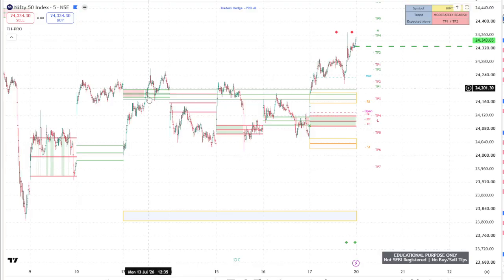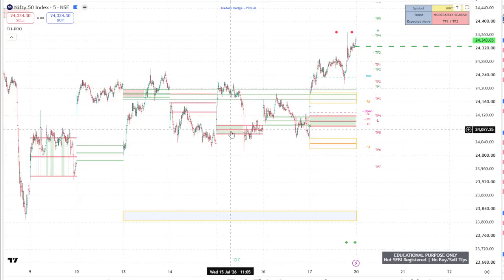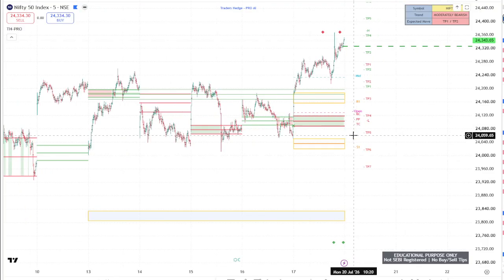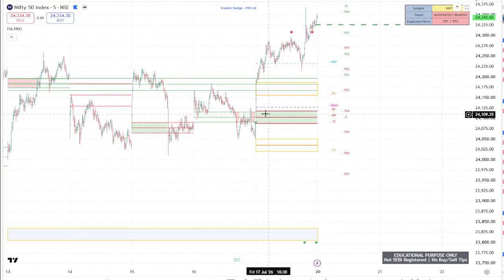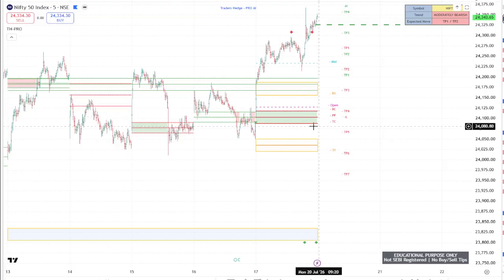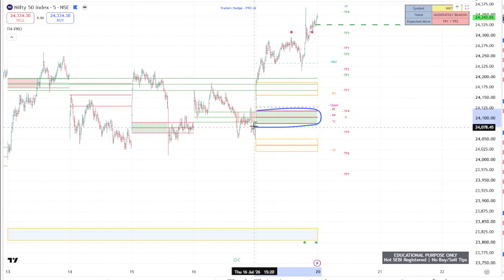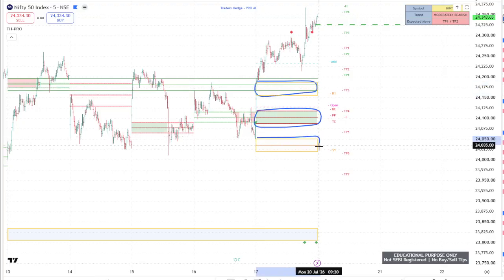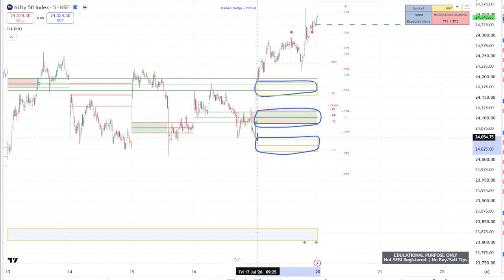Each day you can see the daily CPRs getting plotted. This is my last trading session, Friday's CPR, this is Friday's upper resistance band, and this is the lower support band.